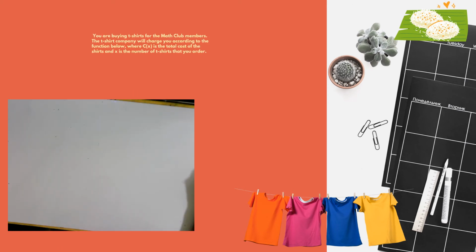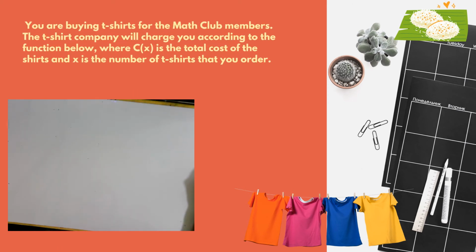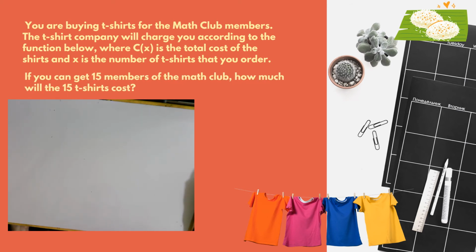Next problem. You are buying t-shirts for the math club members. The t-shirt company will charge you according to the function below, where C of X is the total cost of the shirts and X is the number of t-shirts that you order. If you can get 15 members of the math club, how much will the 15 t-shirts cost?